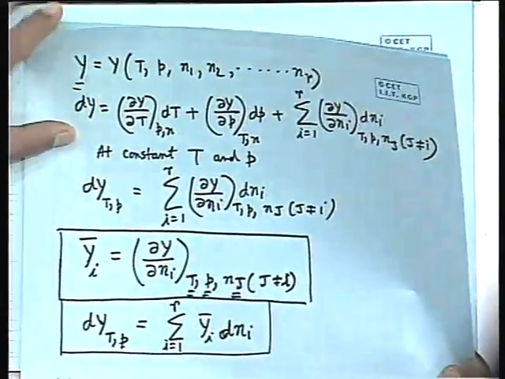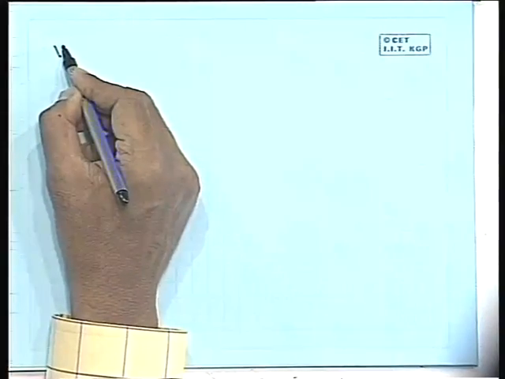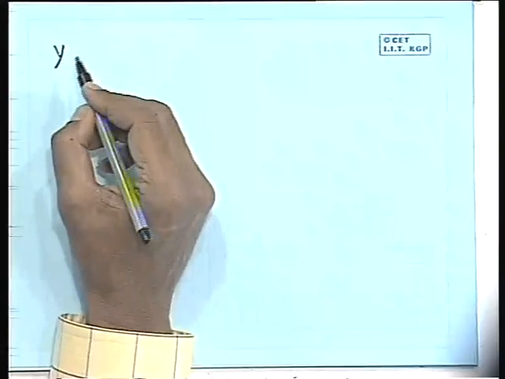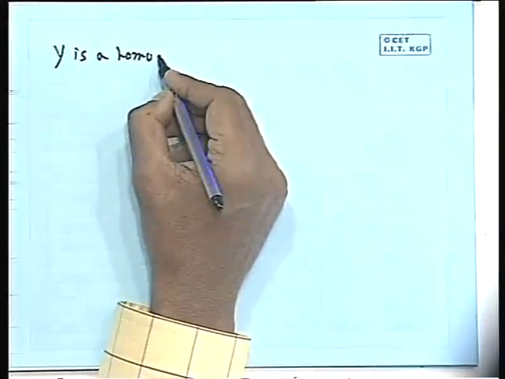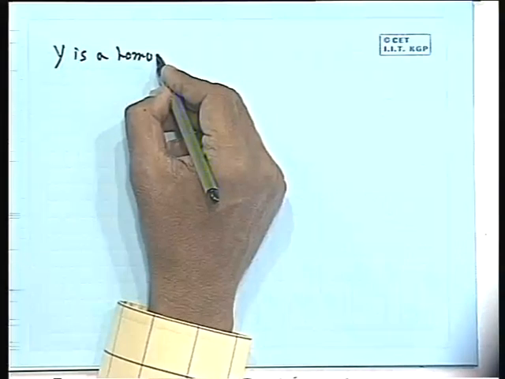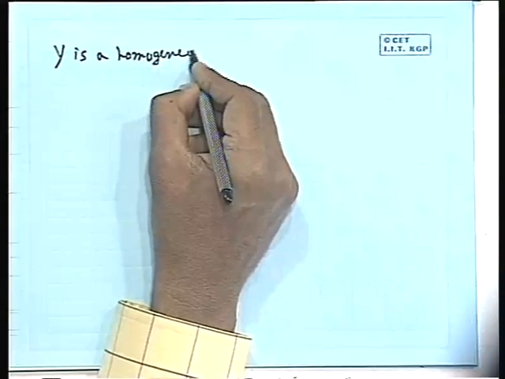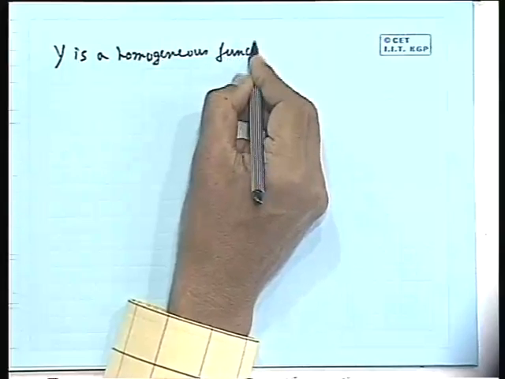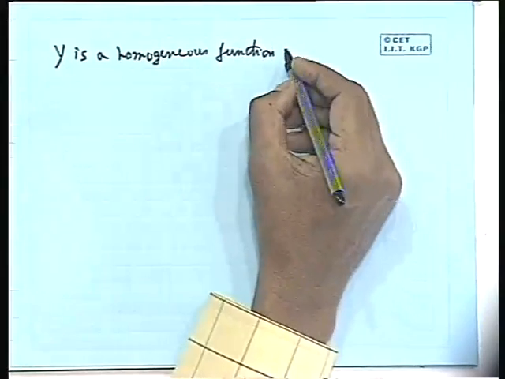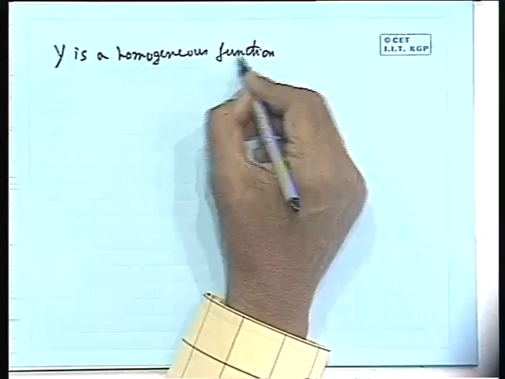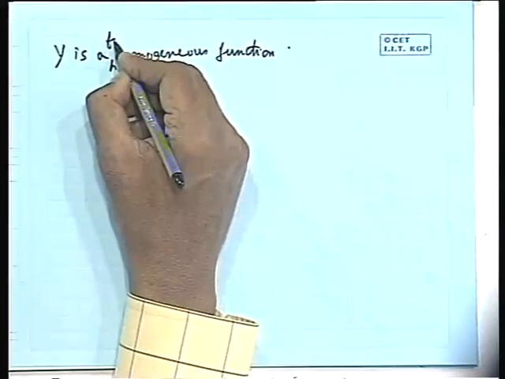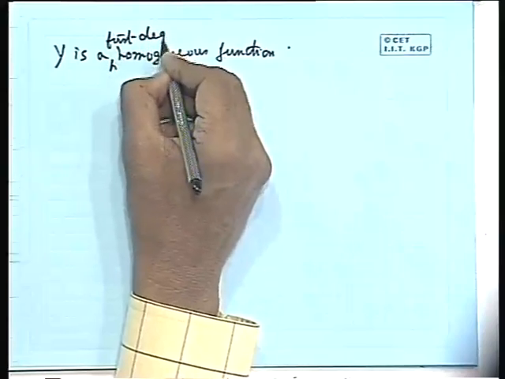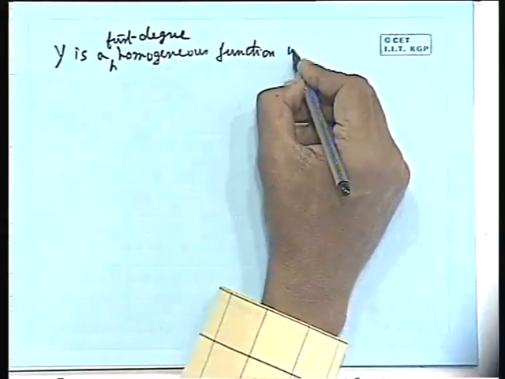Now, if we consider Y, we get some more important relationships. Consider Y as a homogeneous function. Now, we exploit Euler's theorem on homogeneous functions. As we know, Y is a first degree homogeneous function in the n's.